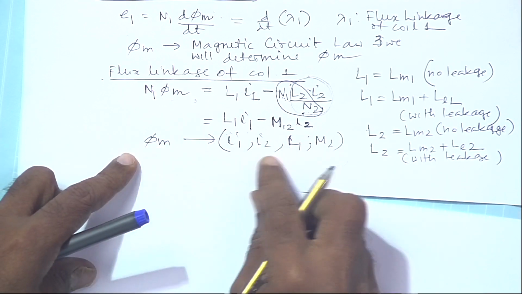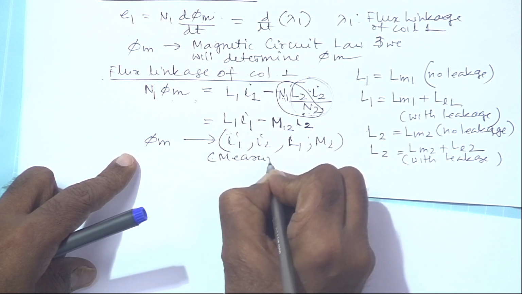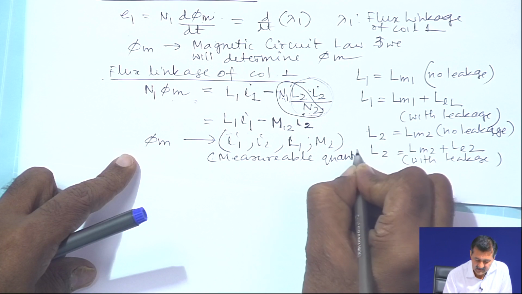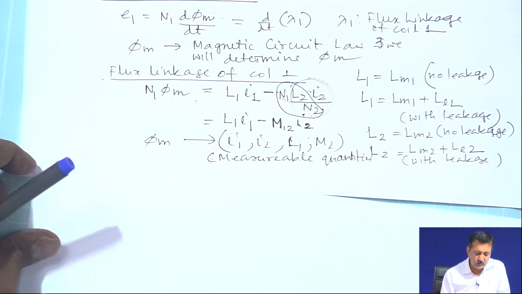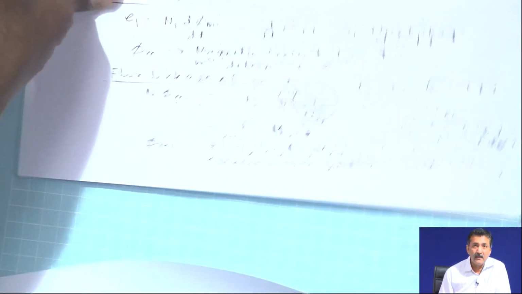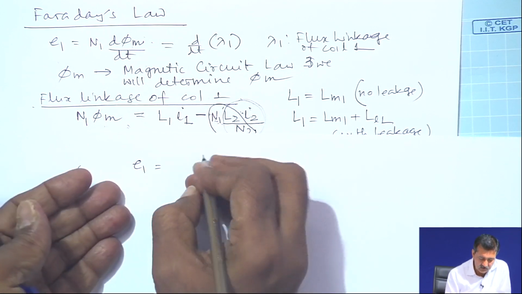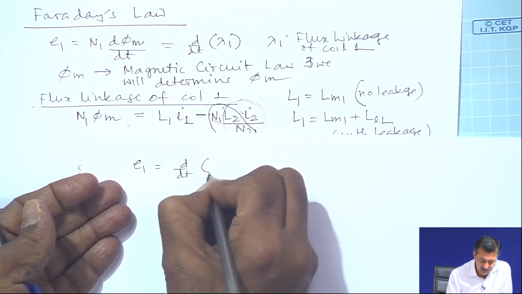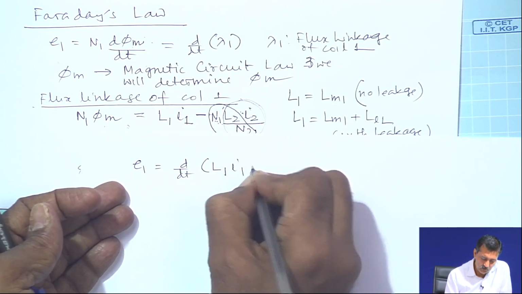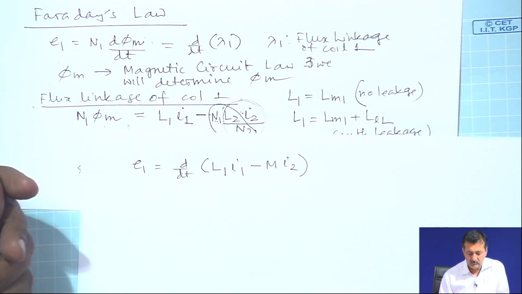Instead of a flux variable, you choose these variables, because they are measurable quantities. So, Faraday's equation we are modifying in terms of the measurable quantities. Therefore, we write it as U 1 is equal to d dt of L 1 into I 1 minus M into I 2, right.